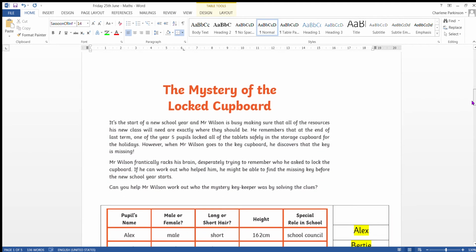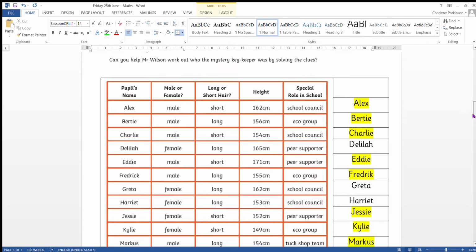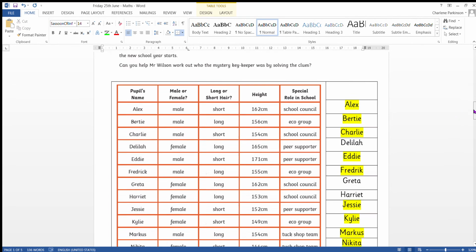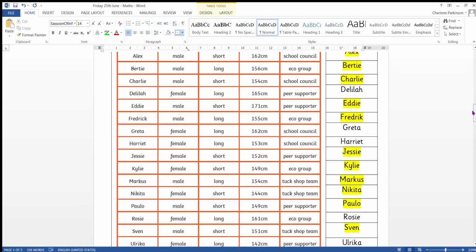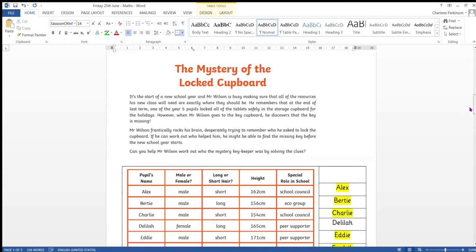You should have done clue 1 and 2 yesterday from the Mystery of the Locked Cupboards, and these are the names that you should have got rid of. The first clue said they are not male, so you had to get rid of all the male key keepers.